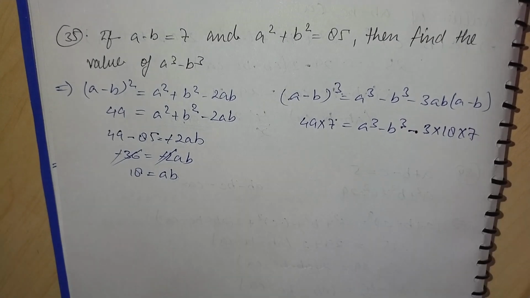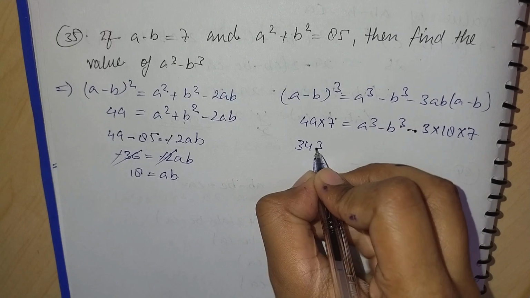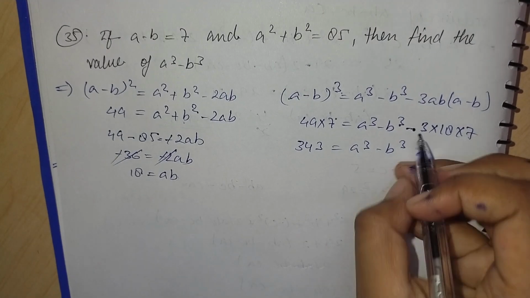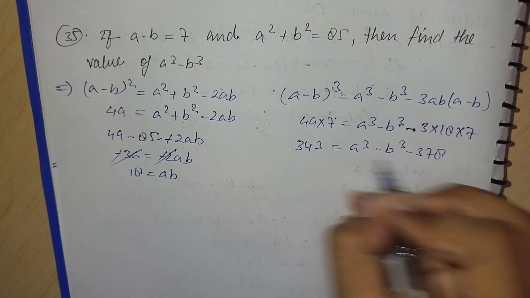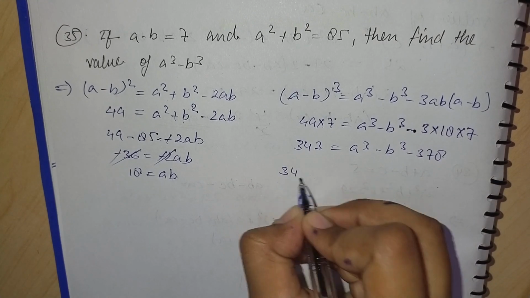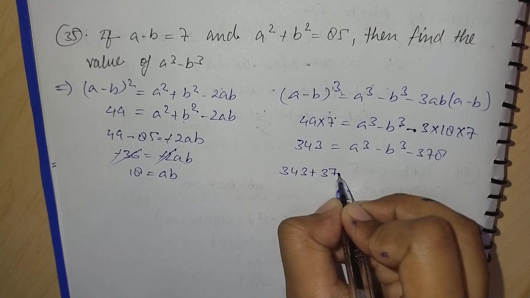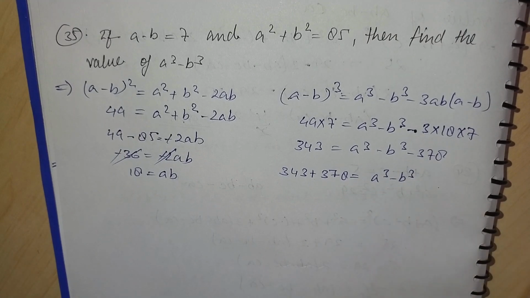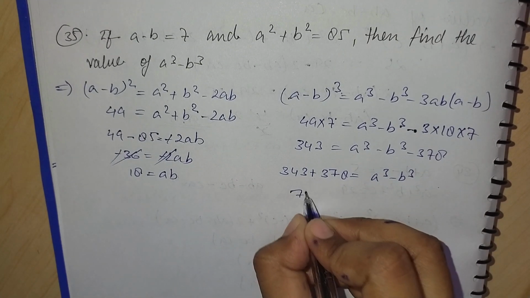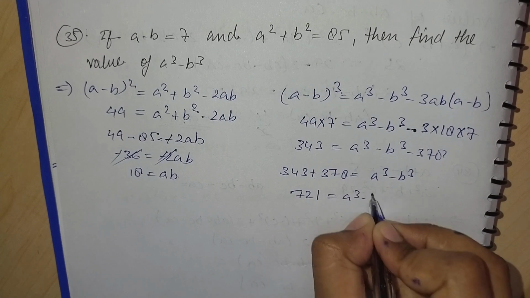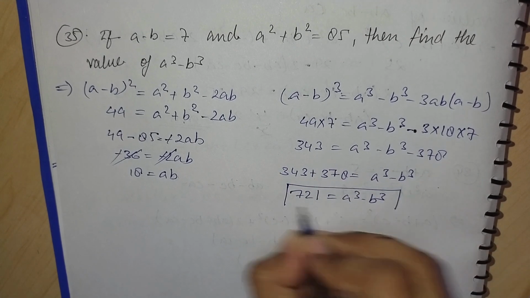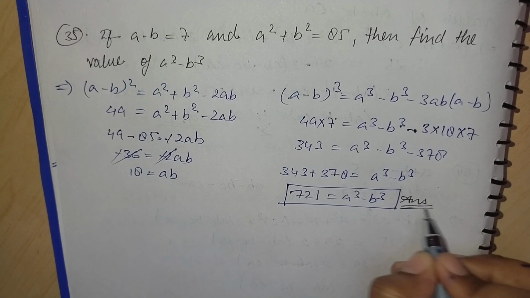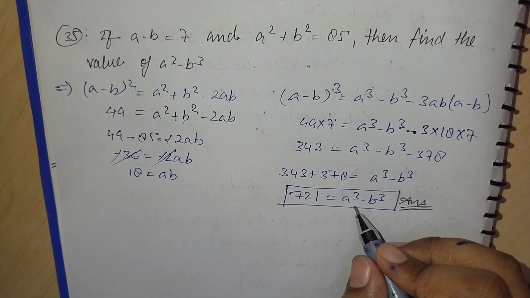Here it is minus 378. So for solving this, we will add 343 plus 378 equal to a cube minus b cube. So this is equal to 721 equal to a cube minus b cube as the answer in this question. The value of a cube minus b cube is equal to 721.